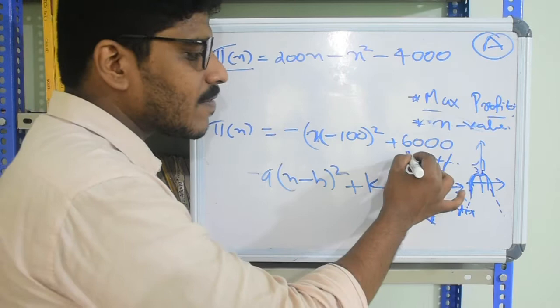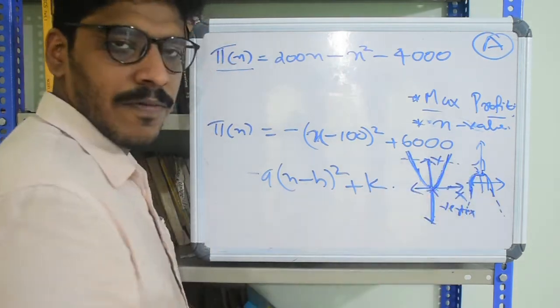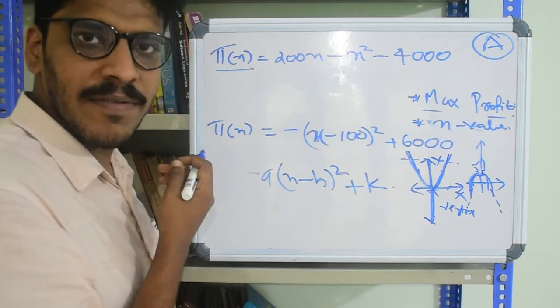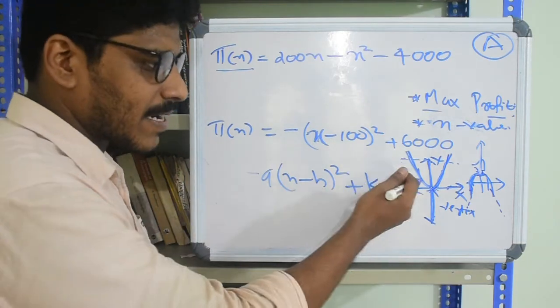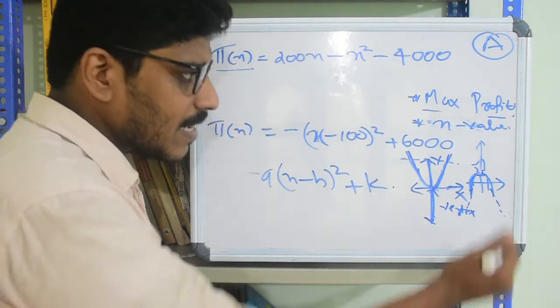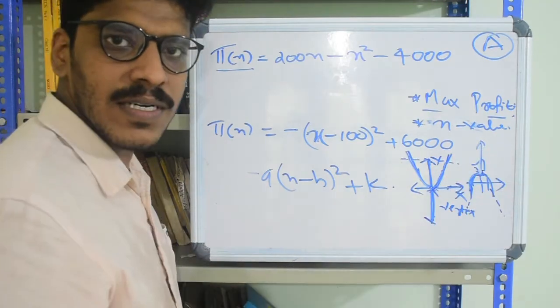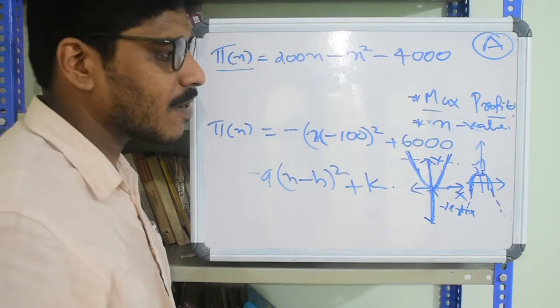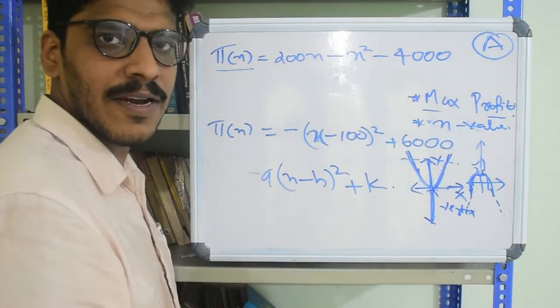So for a parabola opening upward, we may be unable to find a maximum value, but we can find a minimum value. Similarly, for a parabola opening downward, we may have difficulty finding the minimum value, but we can identify the maximum value.